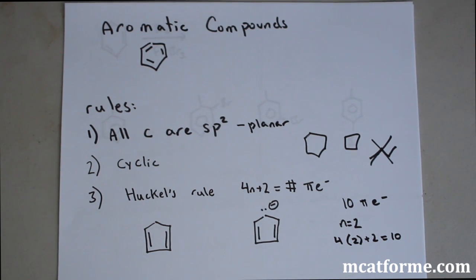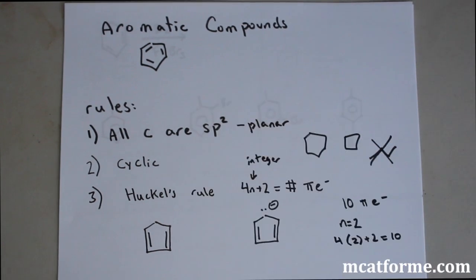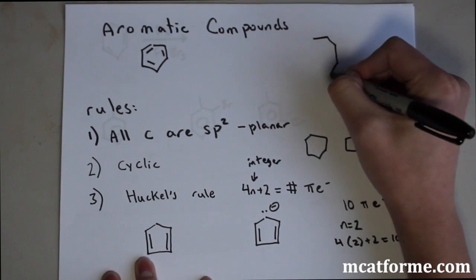If there's 8 pi electrons, would that be aromatic? The answer is no. If it has 8 pi electrons, then n would have to be 6 over 4. That's not an integer, and n has to be an integer. An example of that would be something with 8 carbons.